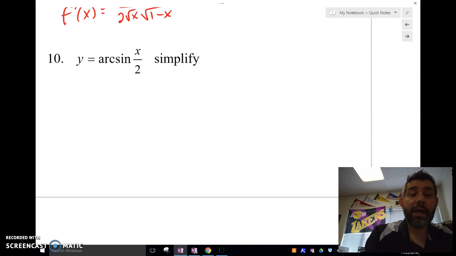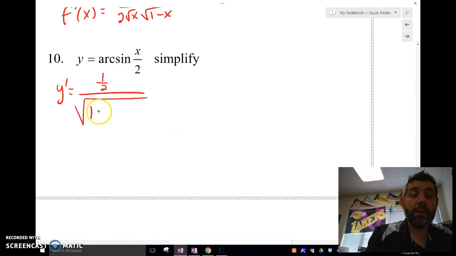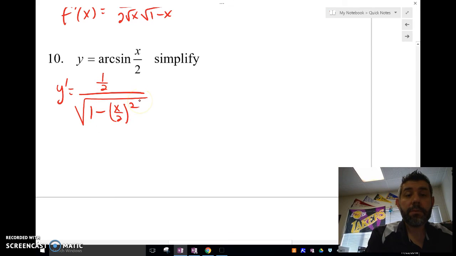Now arc sine of x over 2. Y prime: the derivative of x over 2 is 1/2, over the square root of 1 minus x over 2 squared. Let's simplify this a little bit: 1 over 2 root 1 minus x squared over 4.